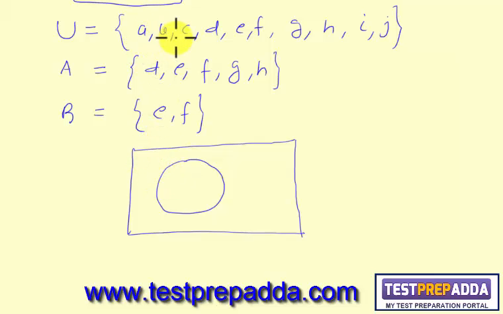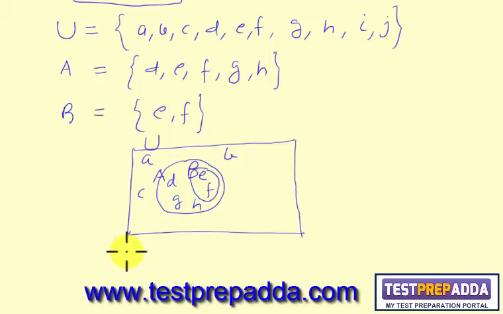Since A, B, C, these three elements are not the part of A, so neither A nor B, so I'll write A, B, C here, then D, E, F, G, H. Now you can see E and F, these two elements are there in B also, so I will draw another circle B. So this is U, this circle A, and this is B.